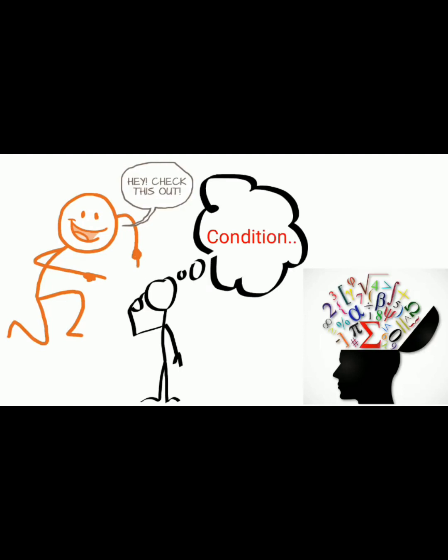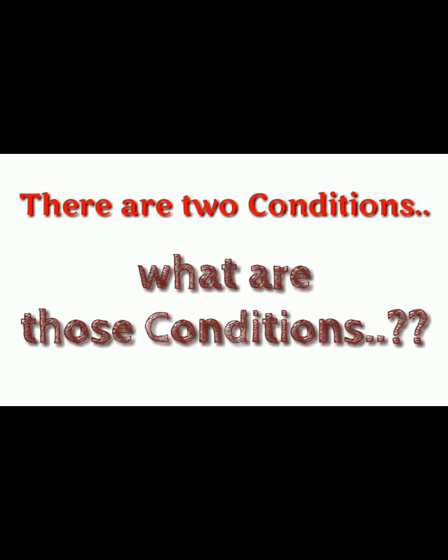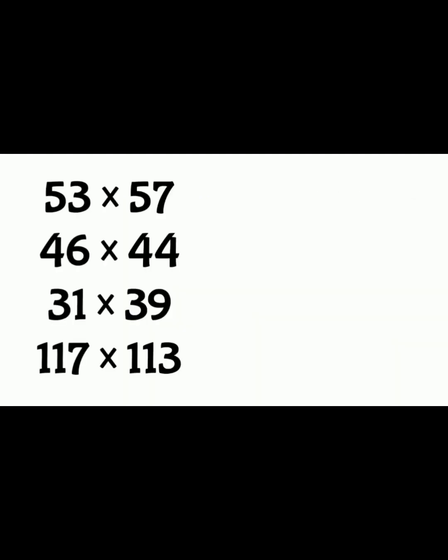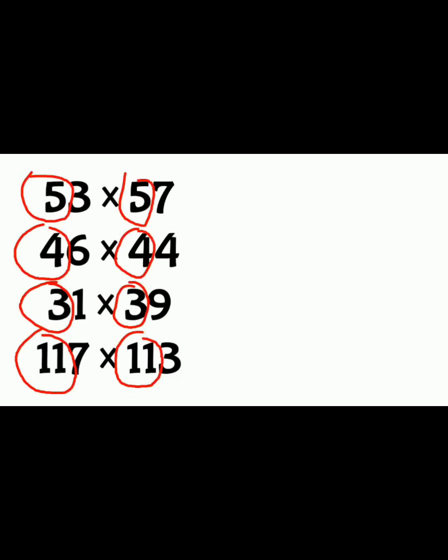This trick can only be applied when 2 conditions are satisfied. What are those conditions? First condition is that the numbers in the tens place have to be the same, just like 12 and 18, 23 and 27, 48 and 42, 54 and 56, and so on.